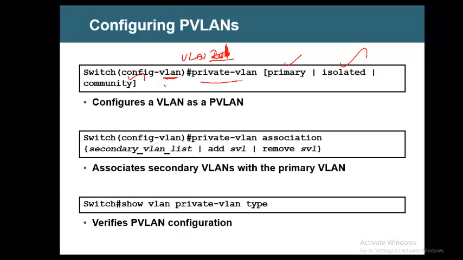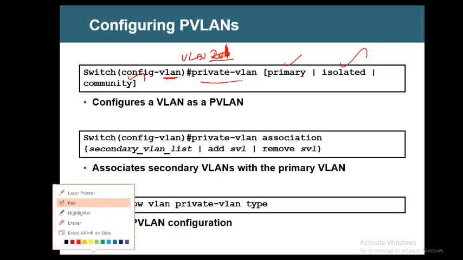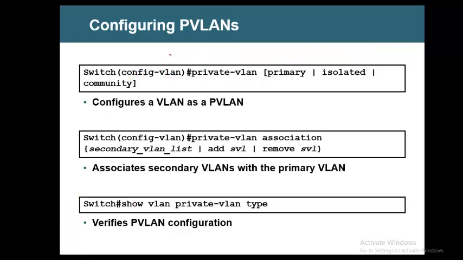After you create all these three VLANs with the roles primary, isolate, and community, come again inside VLAN 100, which is primary, and say this command: private VLAN association.